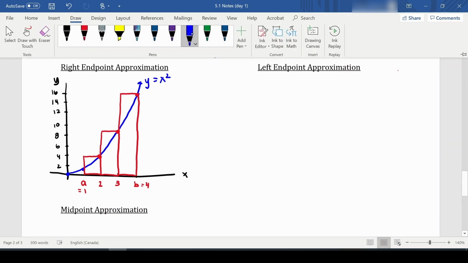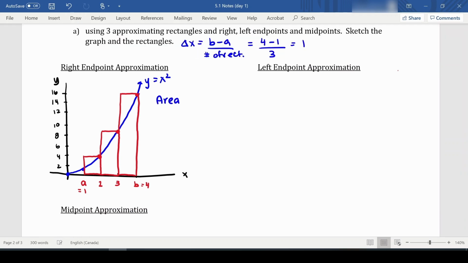Now we want to actually figure out what the areas are. So my area is going to be delta x times f of x1 plus delta x times f of x2 plus delta x times f of x3, because there are 3 rectangles.